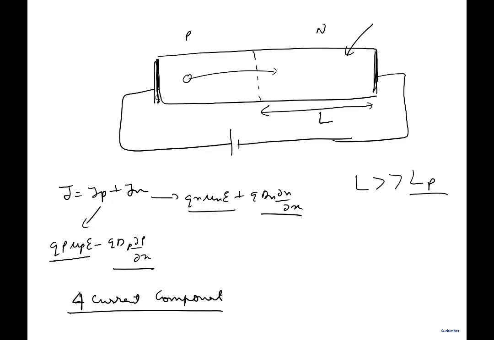They recombine. If I go far away, somewhere here, what will happen to the number of holes? All the holes have recombined, so there are hardly any holes left. What is the background amount of holes in the N region? Very small. And the holes that you injected have all recombined.